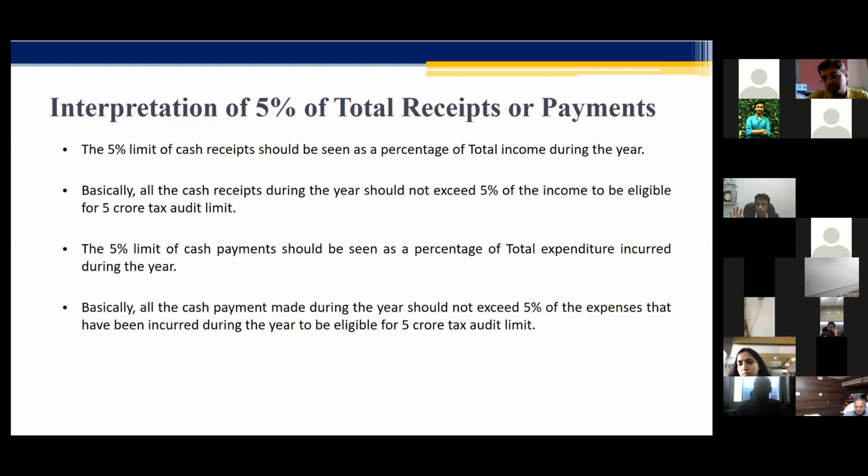That's all. It does not talk of an inclusive definition, which creates more confusion. 2, aggregate of all payments in cash during the previous year does not exceed 5% of such payments. So if you see the explanatory memorandum, it does not actually state that including sales turnover.